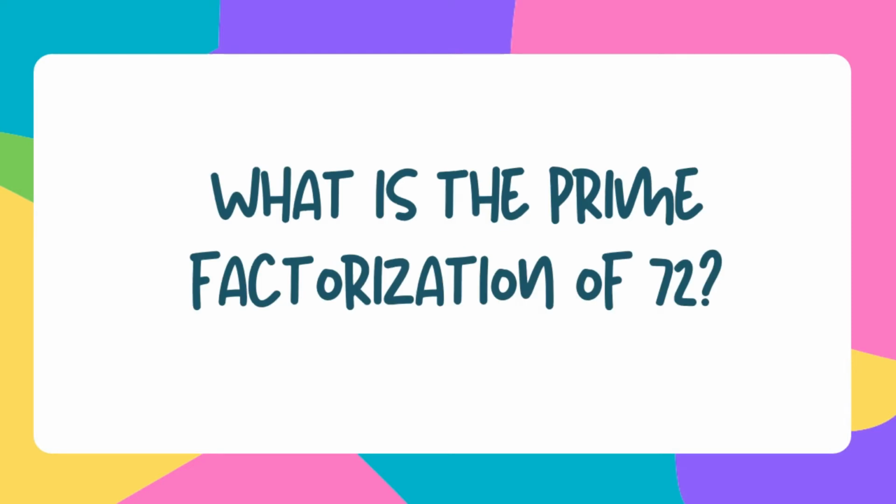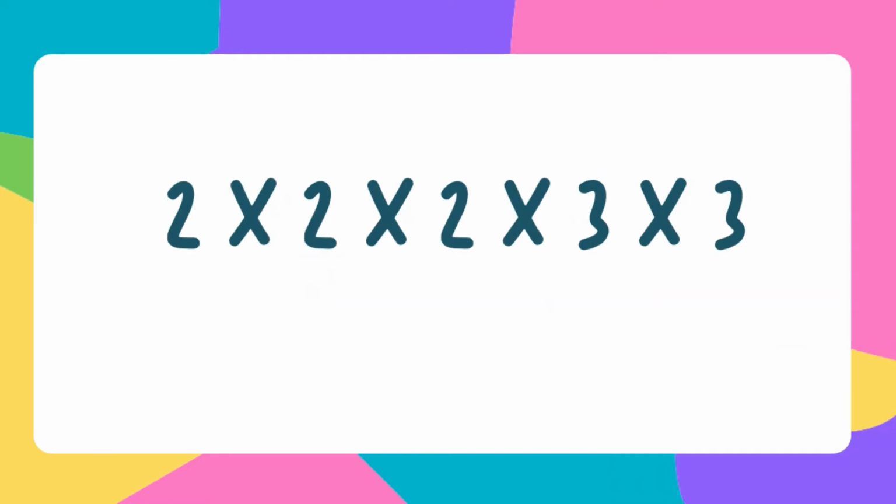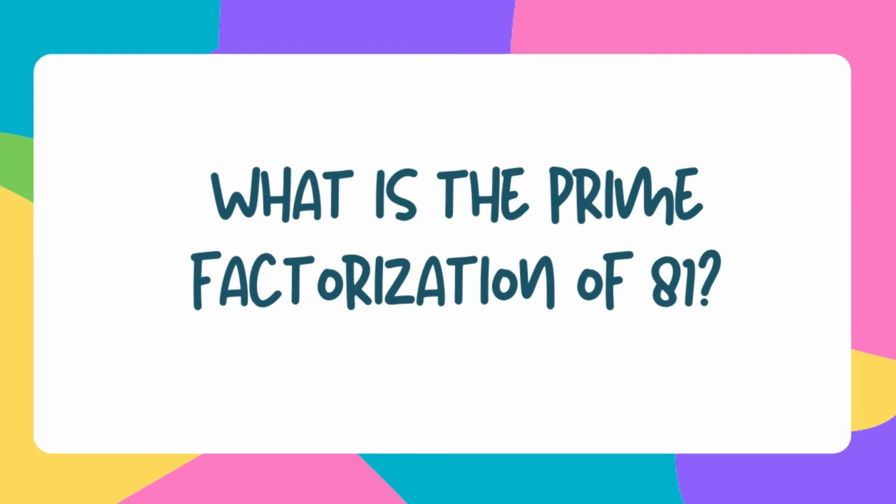What is the prime factorization of 72? The correct answer is 2 times 2 times 2 times 3 times 3.